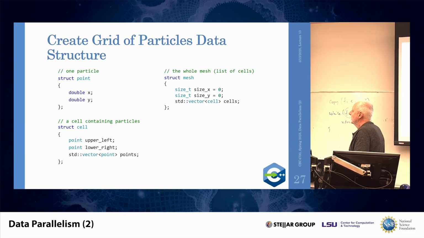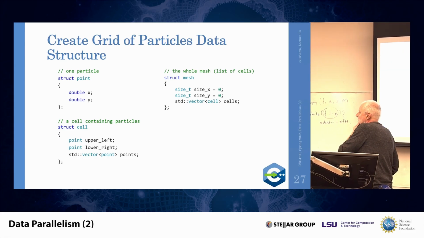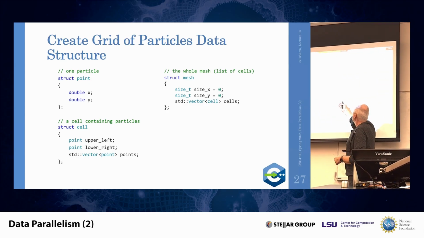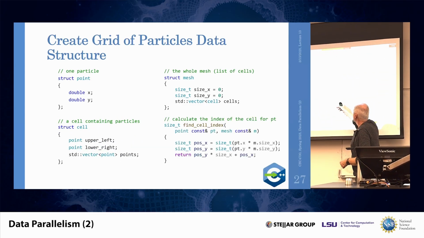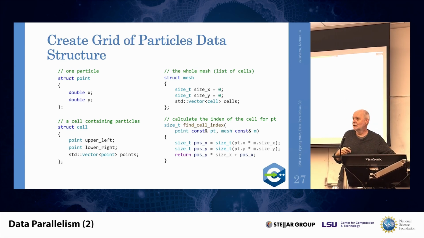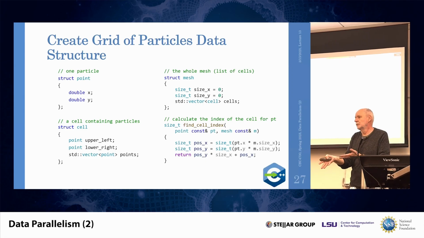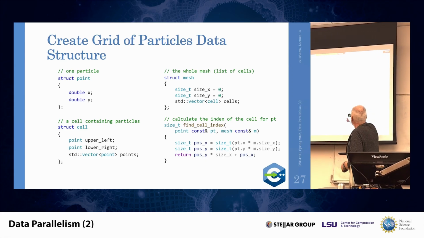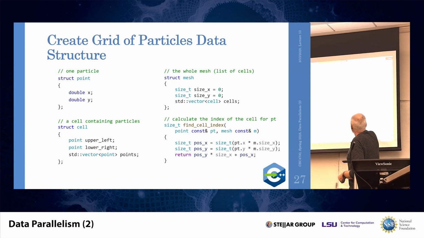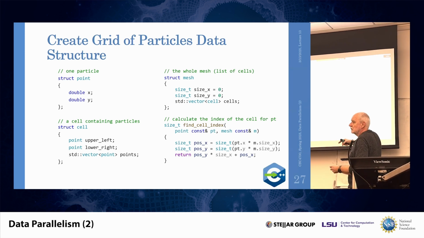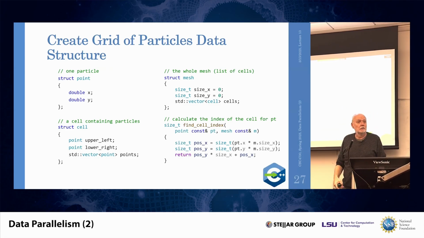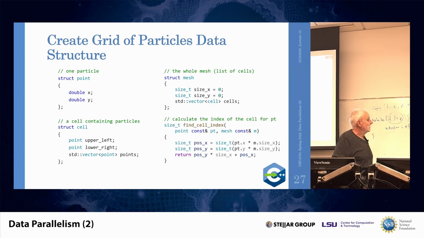I want to show you a helper function which we will use in all the code that follows, which is a function that takes a point in the mesh and returns the index into the vector of that mesh, so that we know which index to use where to put the point essentially. And it just computes the position because it knows how many elements I have in X and Y direction, so it can just find out what is the linear index inside that vector for a particular point.